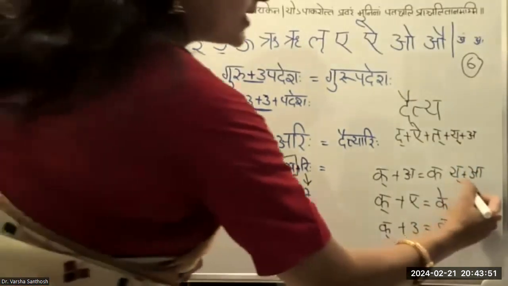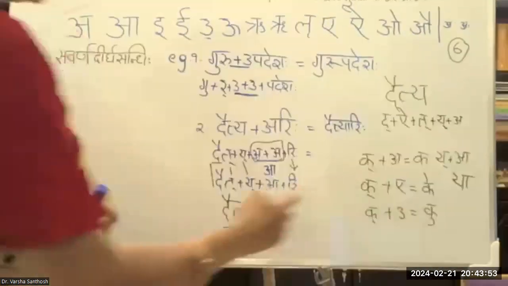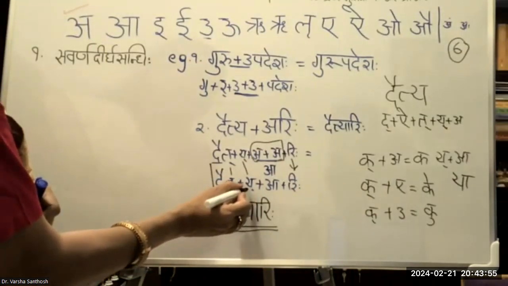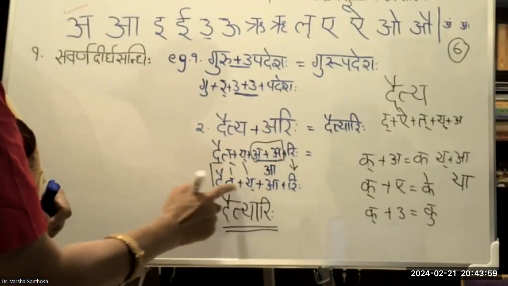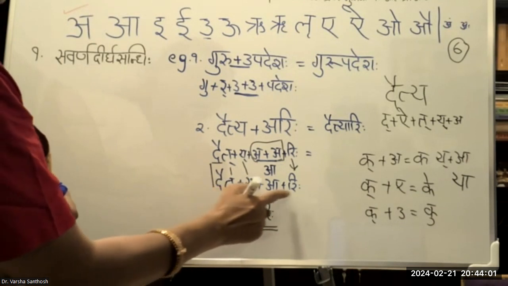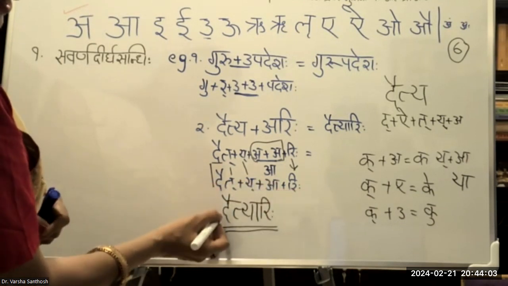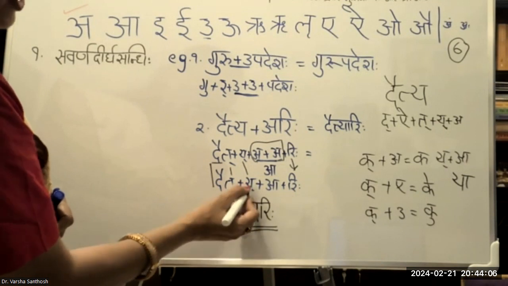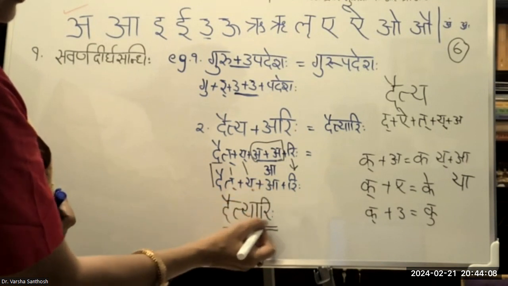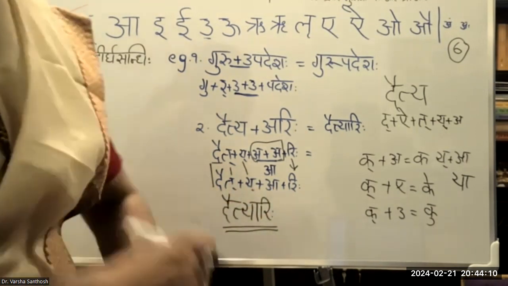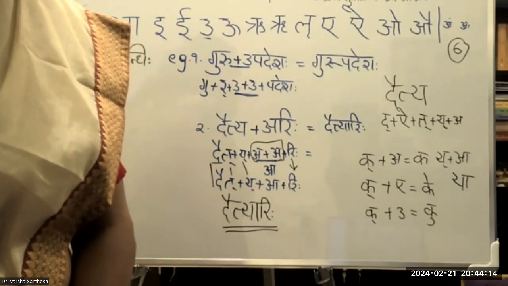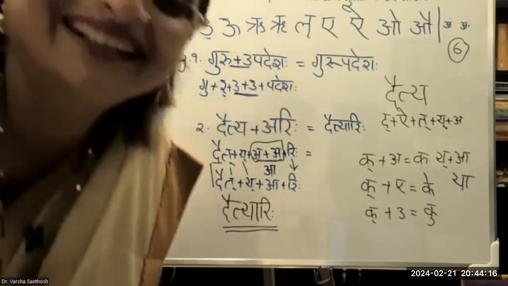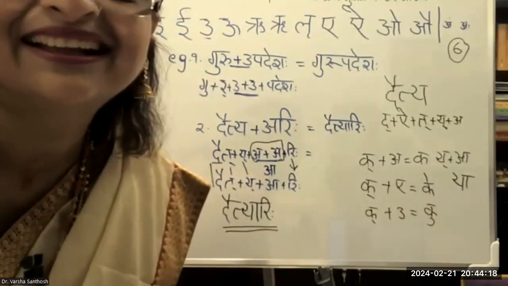That is all that has happened. This ya half is there. A has come between a plus a. So the ya plus a plus a. So now the half ya plus a is equal to ya, ri. Daityarihi. Are we clear now? Any more doubts? All clear?